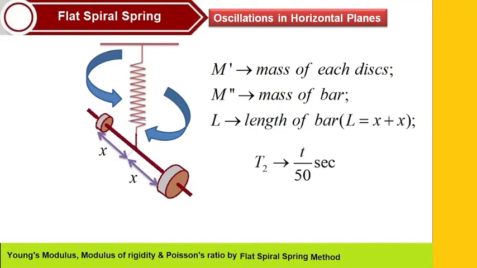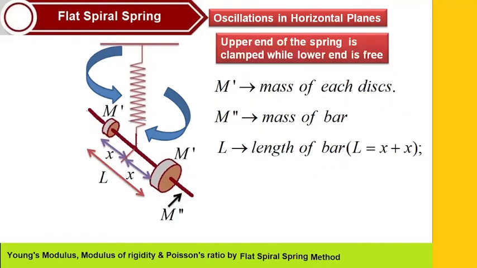The mass of each disc is m dash, and the mass of the bar is given as capital M double dash, and the length of the bar is given there, and the time period T2 is given by small t divided by 50 seconds. As usual, the upper end of the spring is clamped while the lower end is free. M dash is the mass of each disc, M double dash the mass of the bar, capital L the length of the bar. This is shown in the diagram.